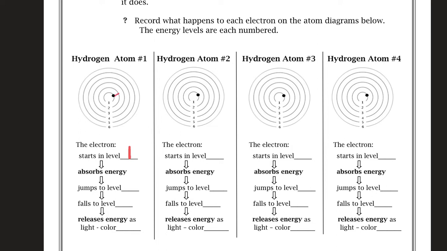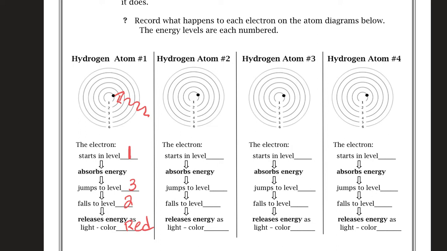It's at 1, 2, 3. So there's our first jump. It jumps to level 3, and then it's going to fall back to level 2. And when it falls back, it's going to release red light. So whatever I'm looking at is going to have a red light that's released.